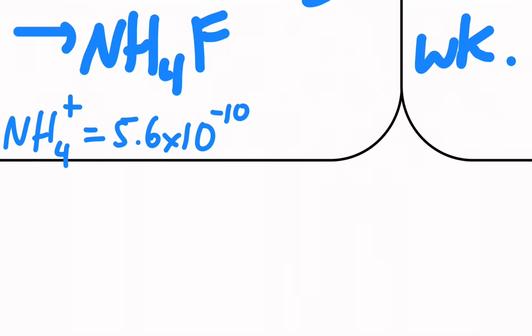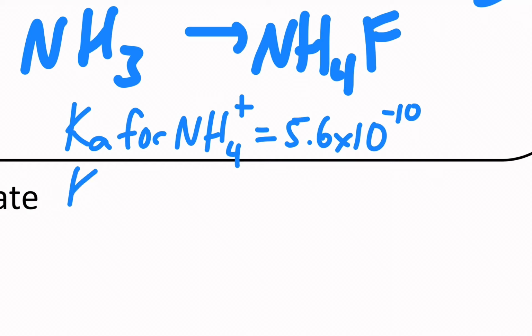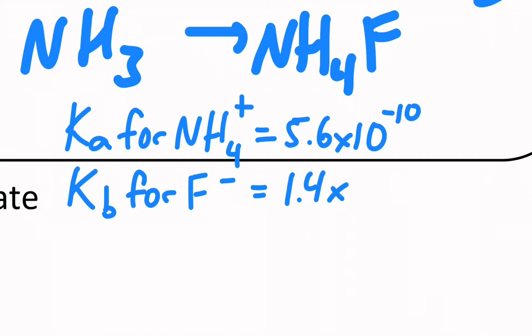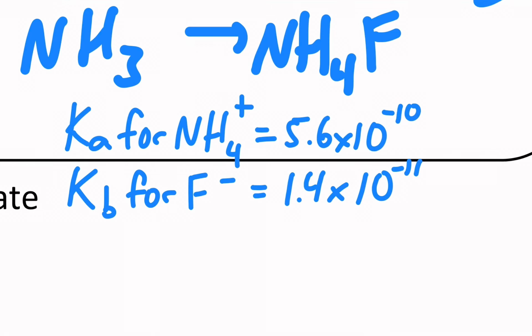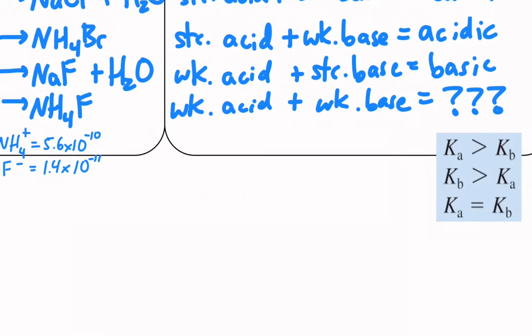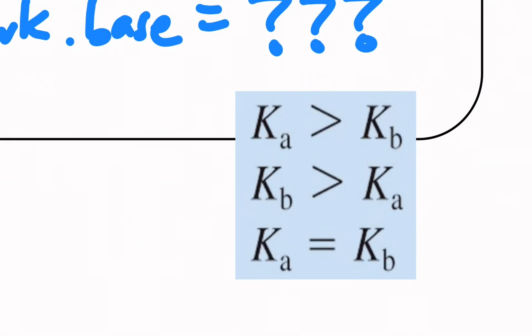That's tabulated. And then there's also a Kb for the anion. The Kb for the fluoride is 1.4 times 10 to the minus 11. So they're actually pretty close to each other if you look at those orders of magnitude. But the Ka is a little bit bigger. Well, actually it's an order of magnitude bigger. So in this case, we have a Ka that's bigger.